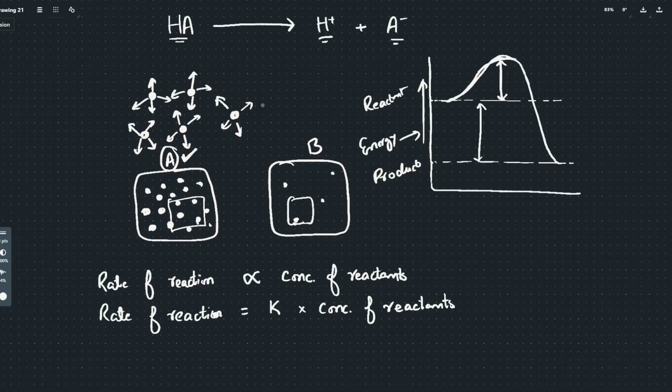Now the thing about weak acids is that they never go completely to completion. What I mean by this is, let's suppose we have 10 molecules, just for the sake of understanding, even though 10 molecules is incredibly low. It does not mean that all of the 10 molecules will be converted to this and this will become zero.